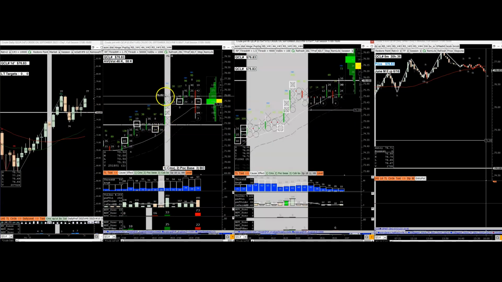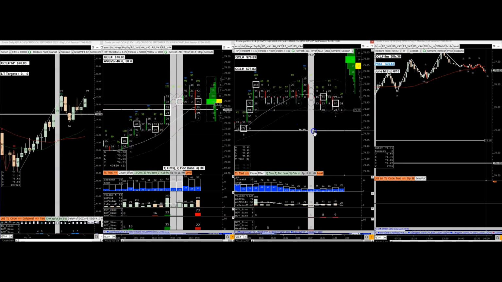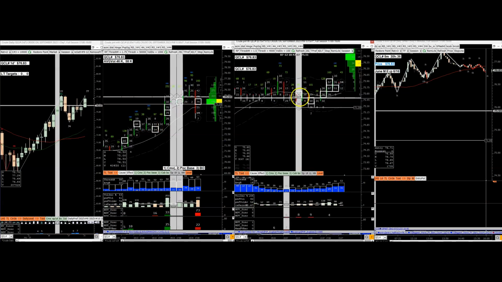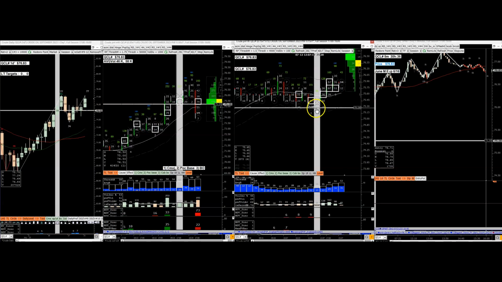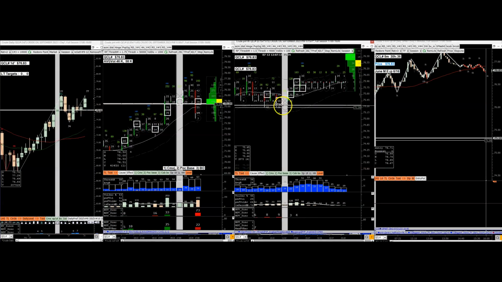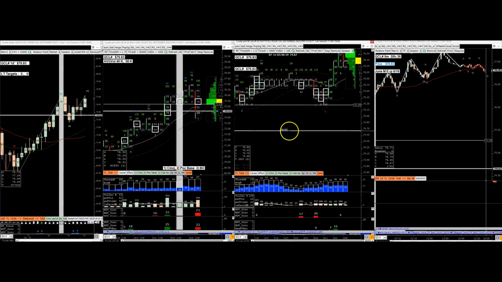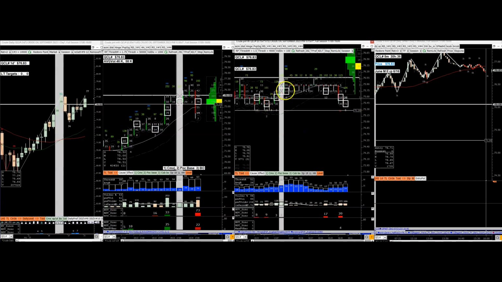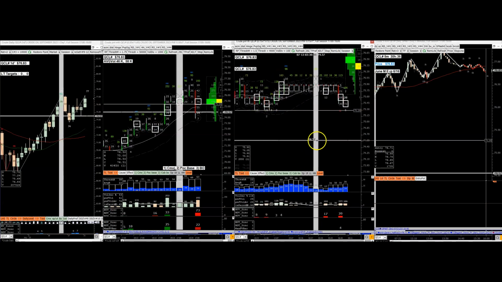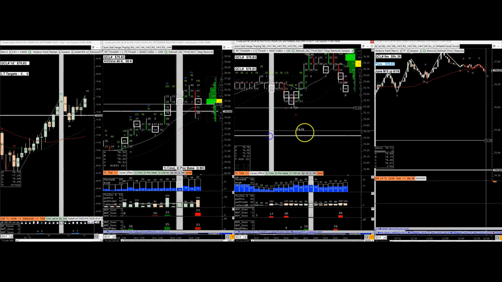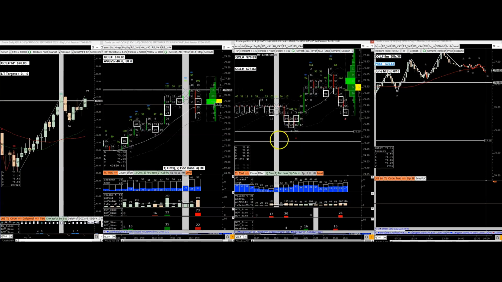Okay, so it breaks out. Now we wait for the pullback. It pulls back on top of the level and breaks. And finally it gives it over here.